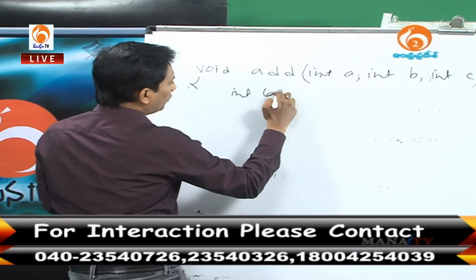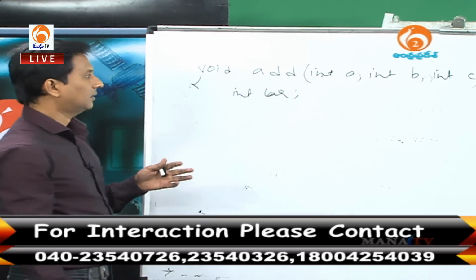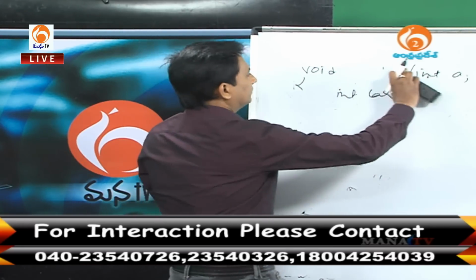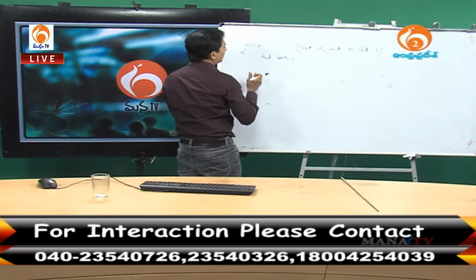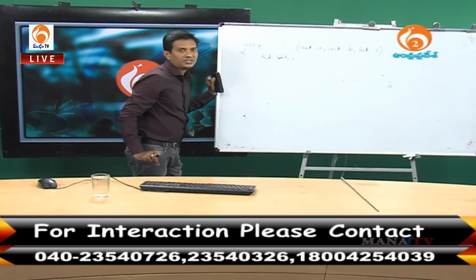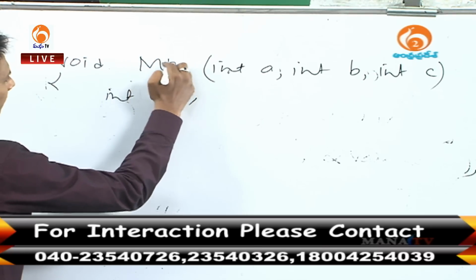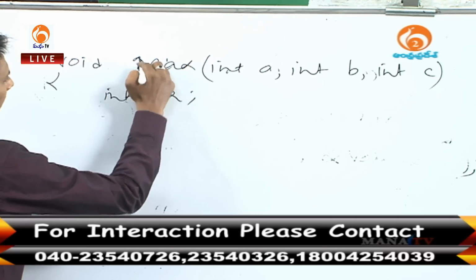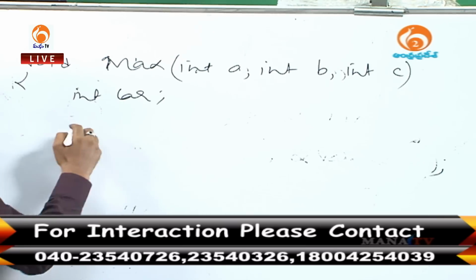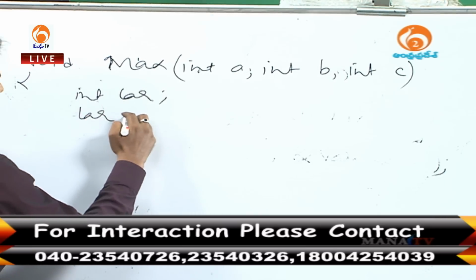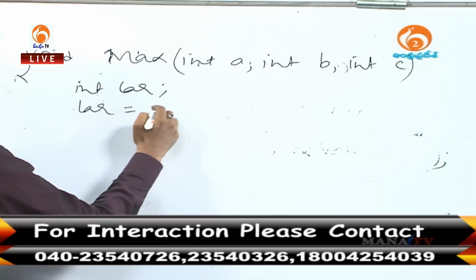I am writing one small program as an example, for the largest of three numbers. I am writing one function for the largest of three numbers. Initially largest equals a.